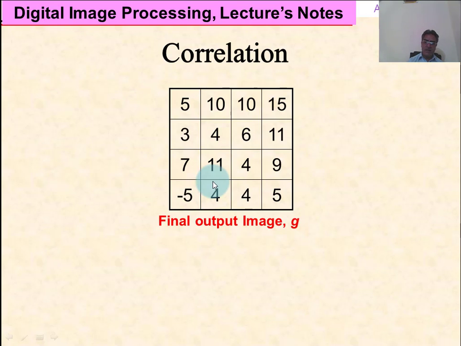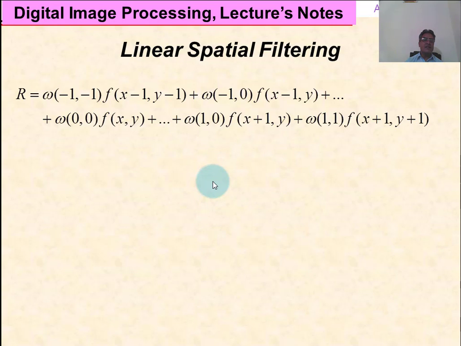When we perform this correlation mask at each and every pixel of the input image, the output image will look like this. Linear spatial filtering is just like that.